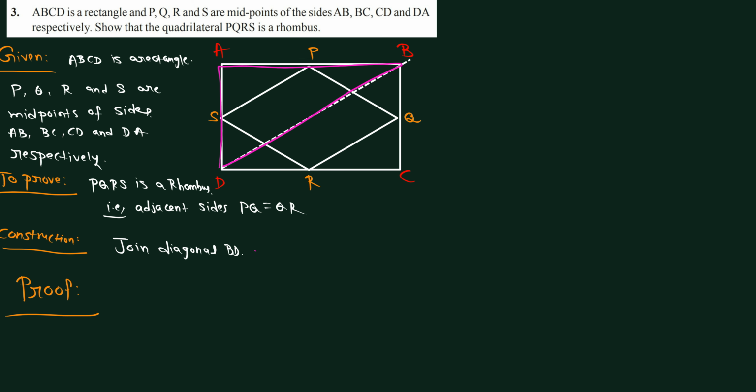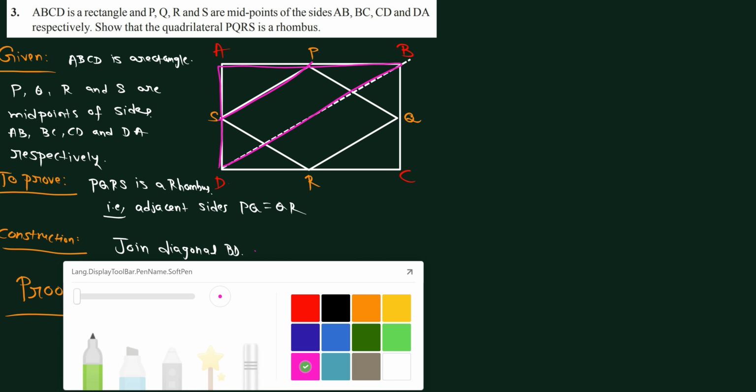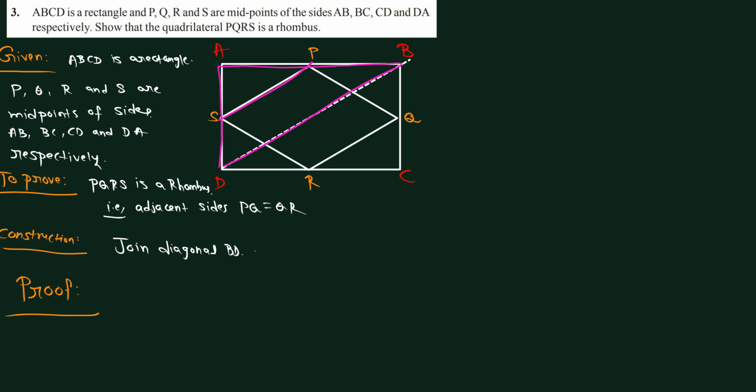In triangle ABD, P and S are the midpoints of the sides AB and AD. Then the line joining the midpoints of two sides of a triangle is parallel to the third side, and also it is half of the third side.